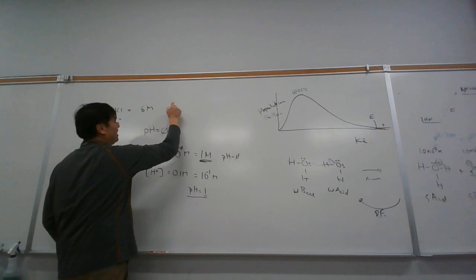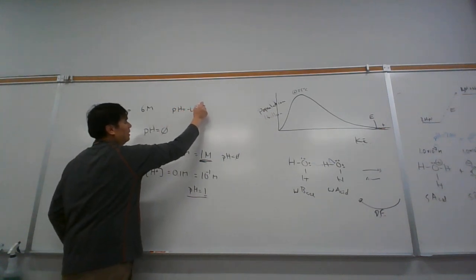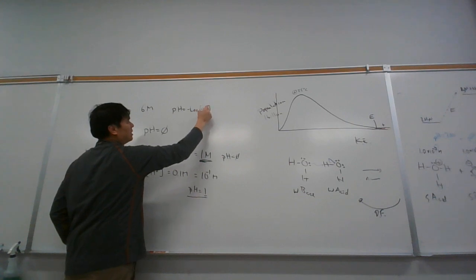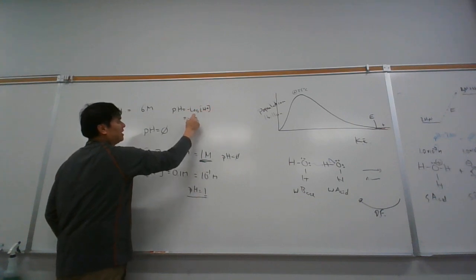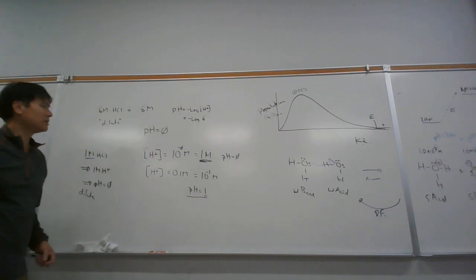6 molar HCl is going to be this. If we calculate, the pH is equal to the negative log of the H plus concentration. And so it's the negative log of 6. What is the negative log of 6 equal to?